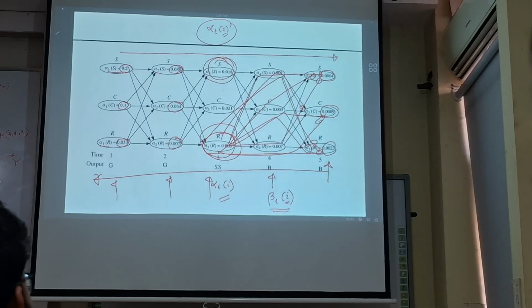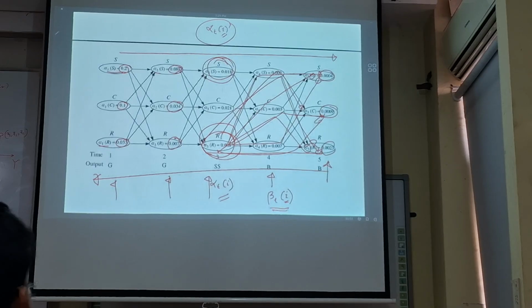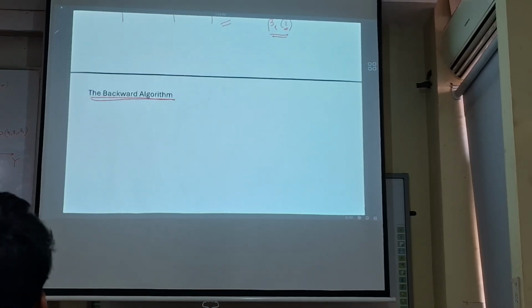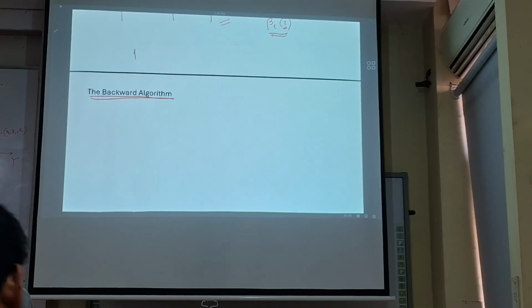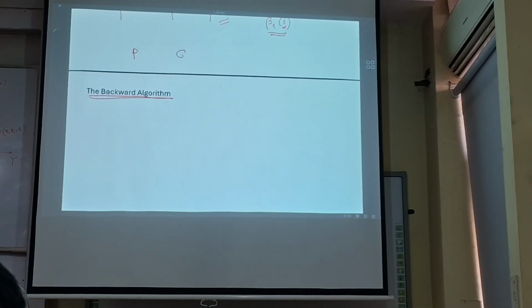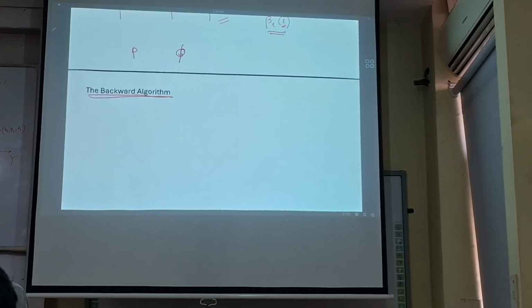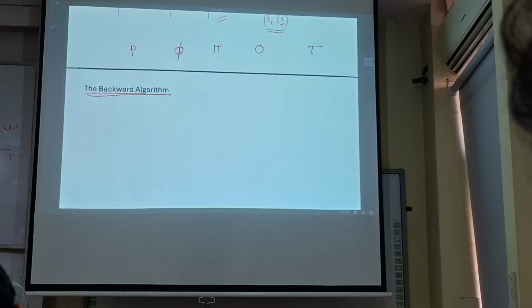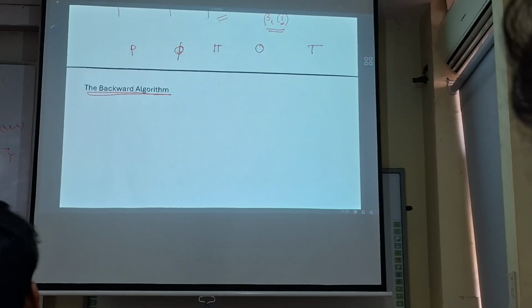Let me write down the algorithm. So what are the given things? Once again, we are given matrix P, phi, then O, right?